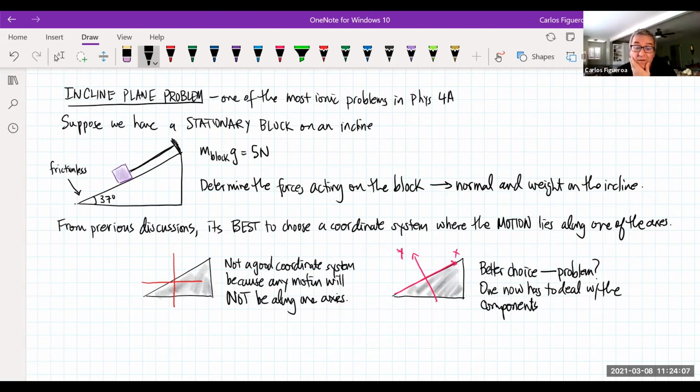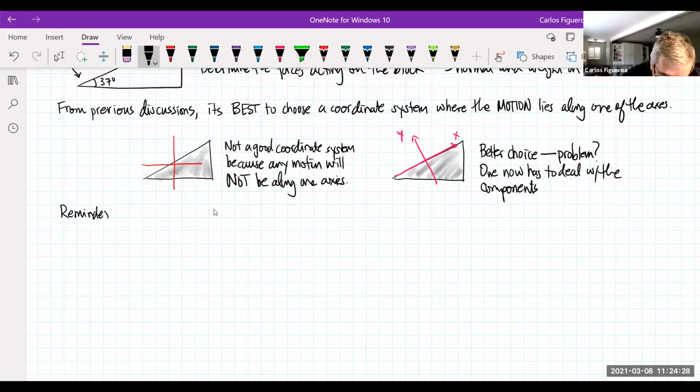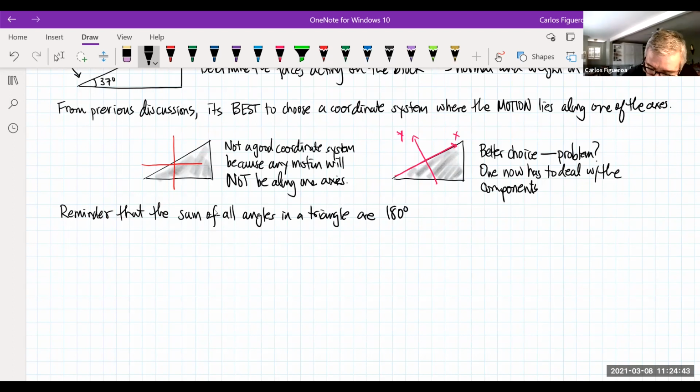What we want to do here is look at a couple of things. The first thing to remember is that anytime you have a triangle, the sum of the angles must be 180. This is just a reminder that the sum of all angles in a triangle is 180 degrees.